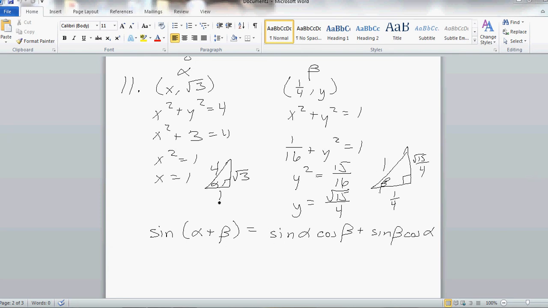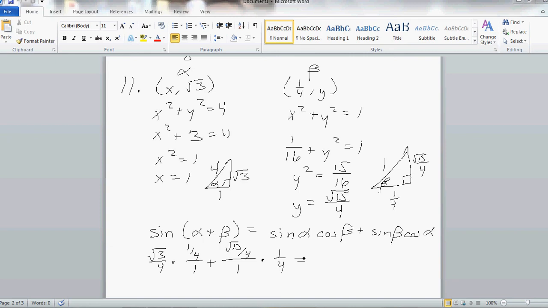And so sine of alpha, okay, this is first quadrant, this is first quadrant, so we don't need to worry about any of the seconds. Sine of alpha is root 3 over 4. Cosine of beta is 1/4 over 1. Sine of beta is root 15 over 4 over 1. And cosine of alpha would be 1/4.